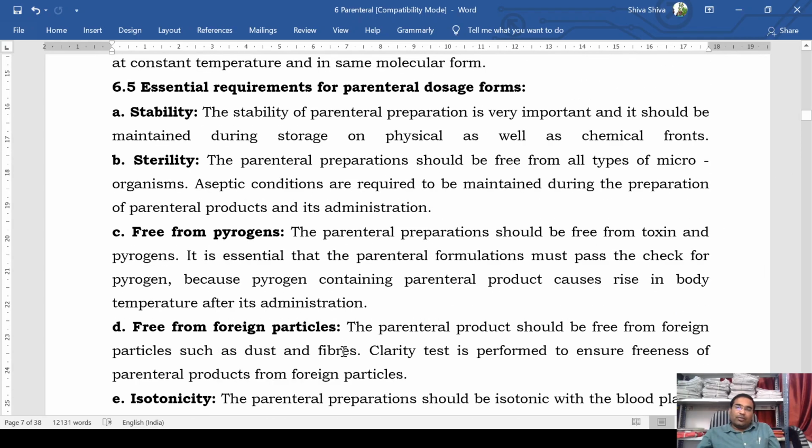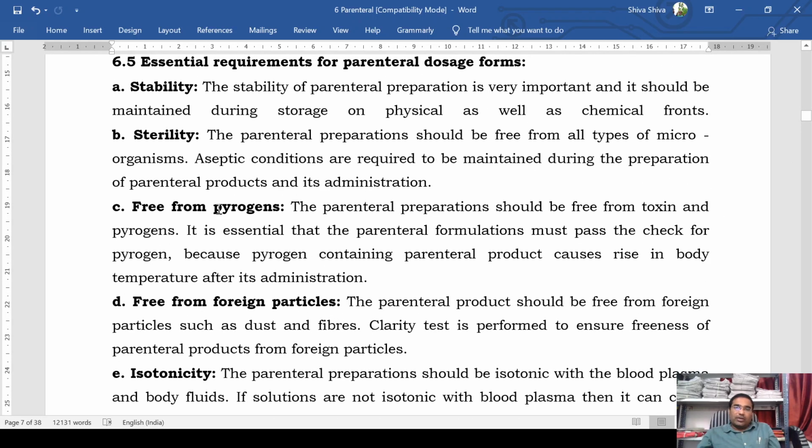Then free from pyrogens. So you must have studied the pyrogens. Pyrogens are the metabolic product of bacteria. So these pyrogens are basically responsible for increasing the body temperature. So your parenteral product should be free from pyrogens.